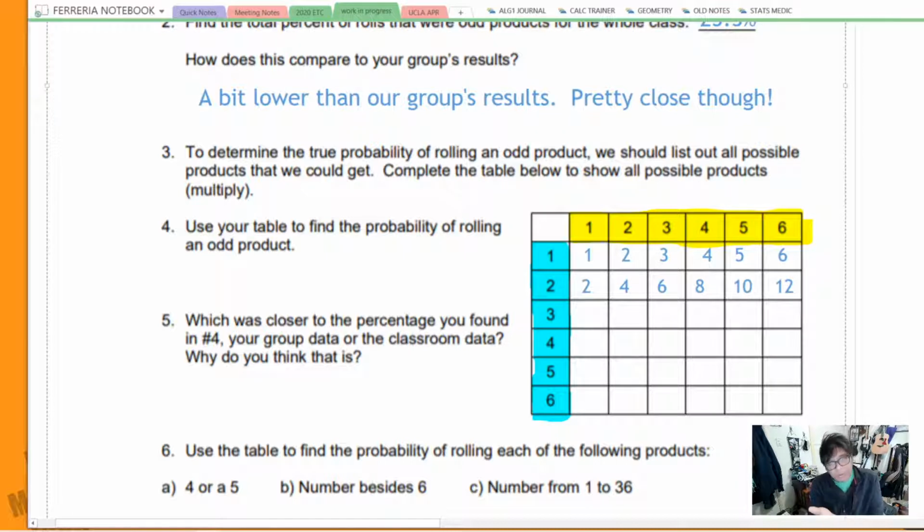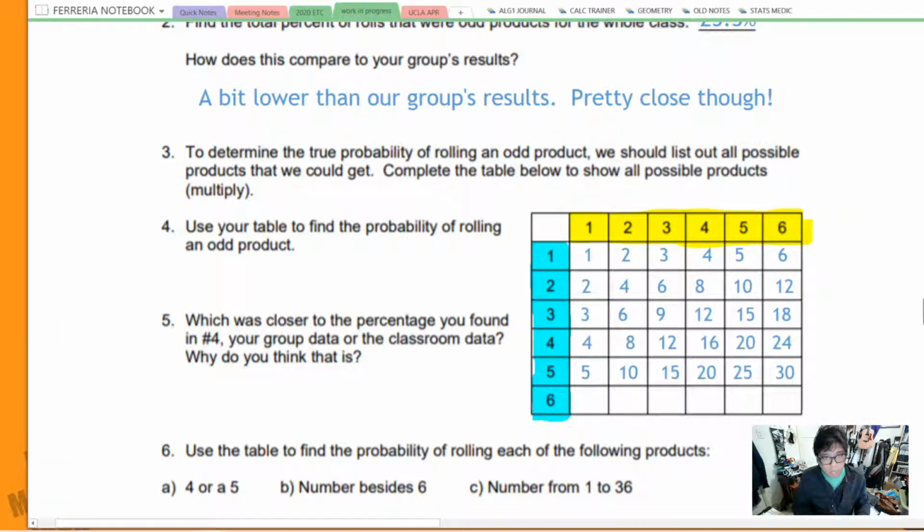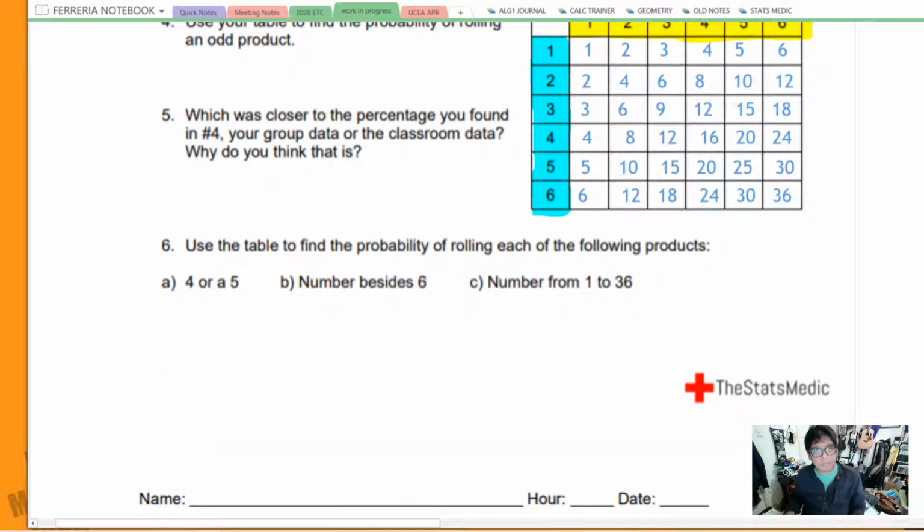So hopefully what you're seeing is that we're actually creating a multiplication table for the numbers from 1 to 6. So why don't we go ahead and just create our multiplication table. That's all of our outcomes.